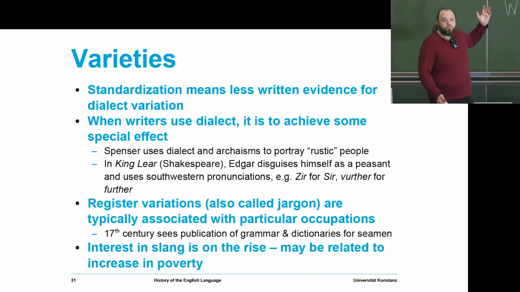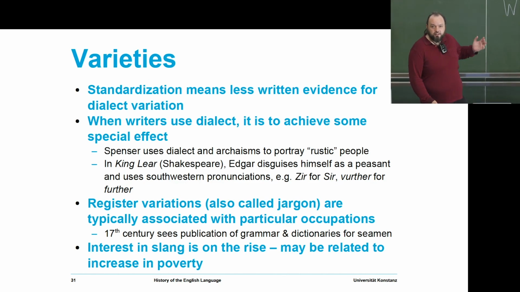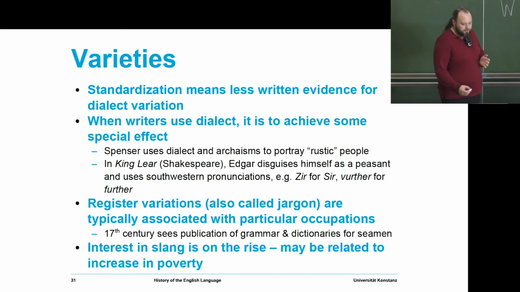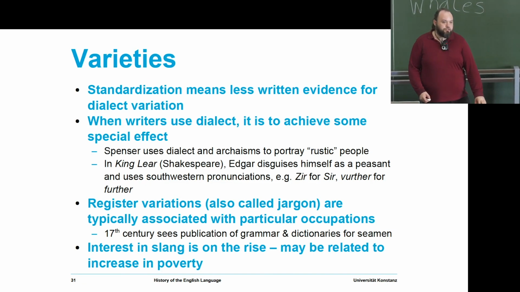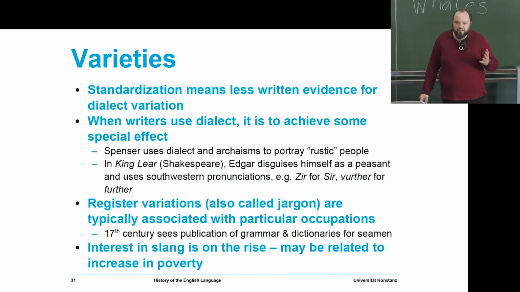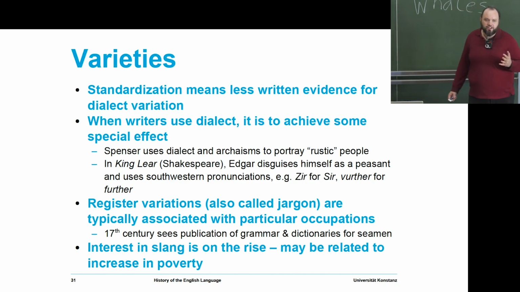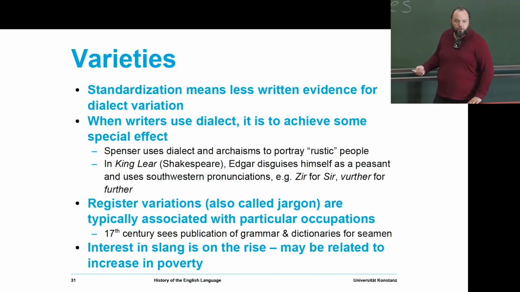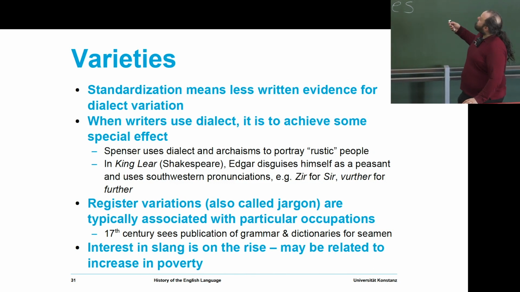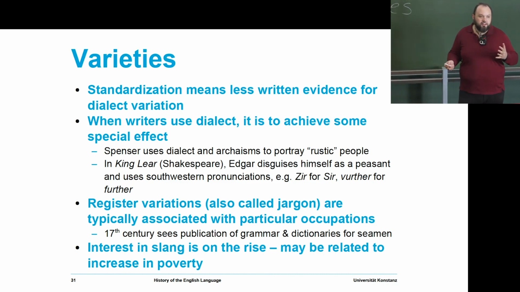There is some evidence for dialects, for varieties in the early modern period, but for the most part, we don't see it. What we do see is that, like Chaucer, Shakespeare is very conscious of dialect variation, and so in his plays, he uses features of rural English for his rural characters. So, for instance, in King Lear, the character Edgar disguises himself as a peasant, and when he's disguised as a peasant, he uses southern pronunciation.